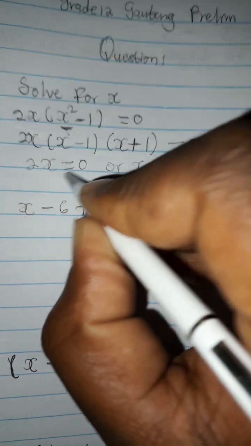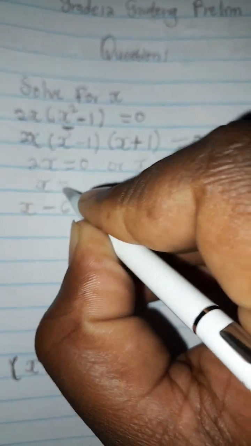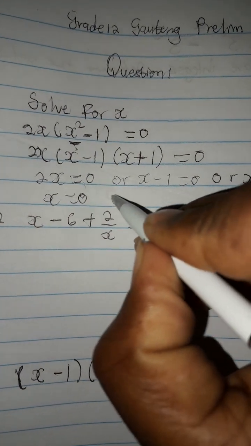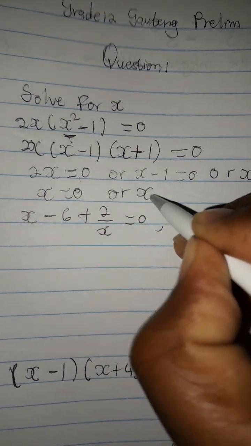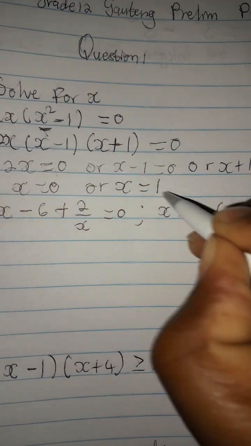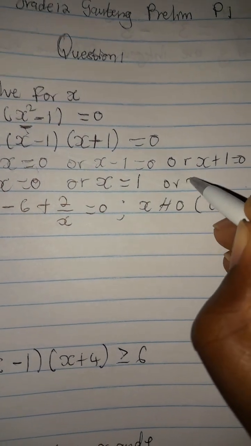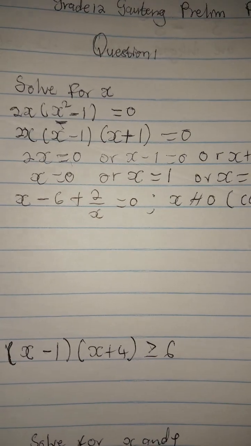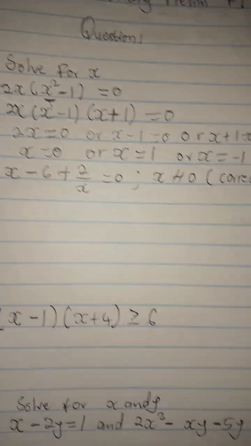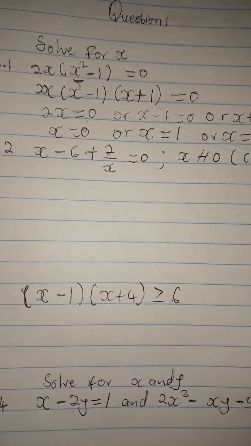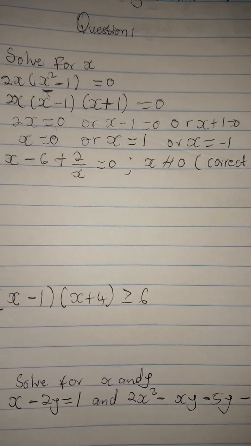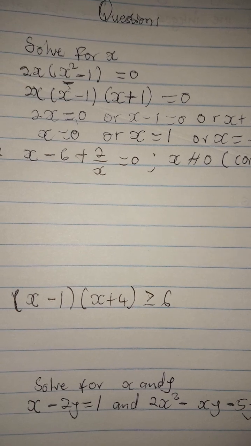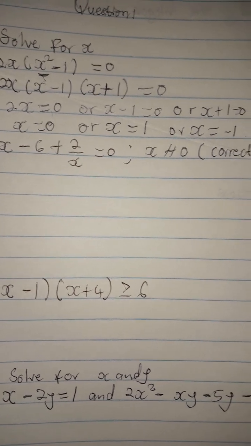When we divide by 2 on both sides, we get x is equal to 0. When we transpose to the other side, negative 1 will become positive, and positive 1 will become negative 1. Then you will get your marks. In this case, it is about 2 marks. What is important is to know how to solve it, guys, so that you can earn the marks.